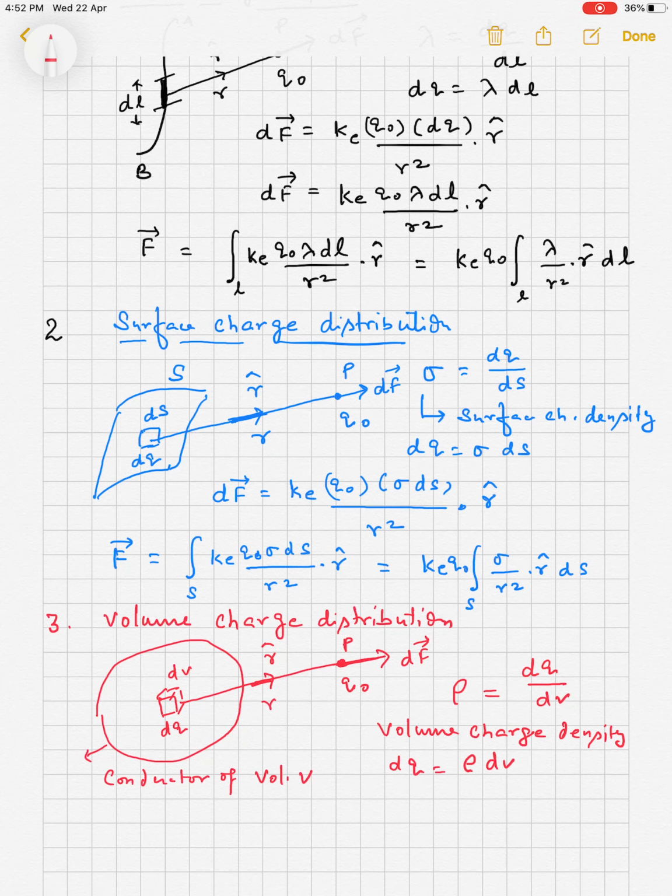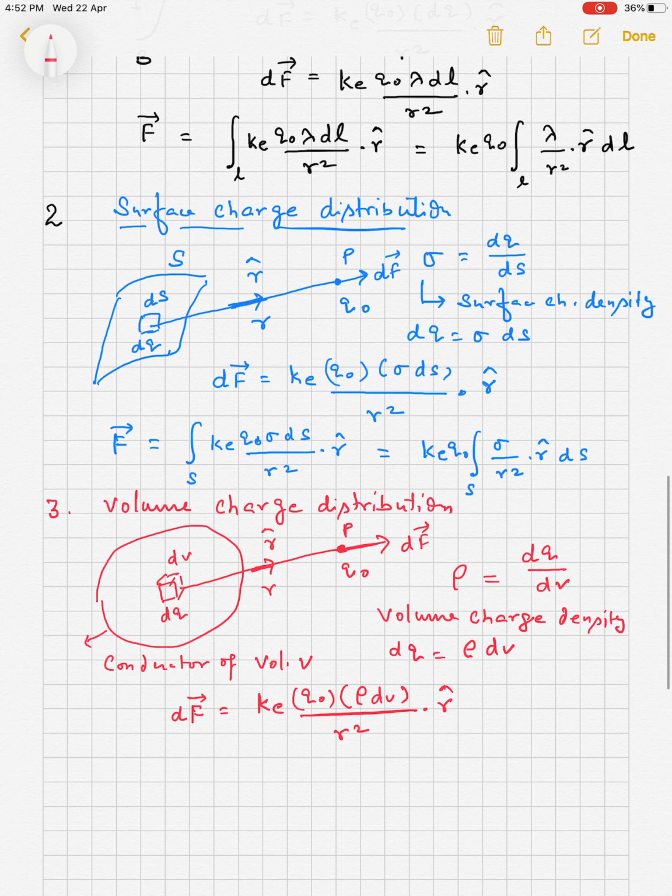Now according to Coulomb, because it is a small element, the force will be small dF, equal to the electrostatic constant Ke Q naught into dq, where dq is rho dV, upon r square into a unit vector in the direction of force.